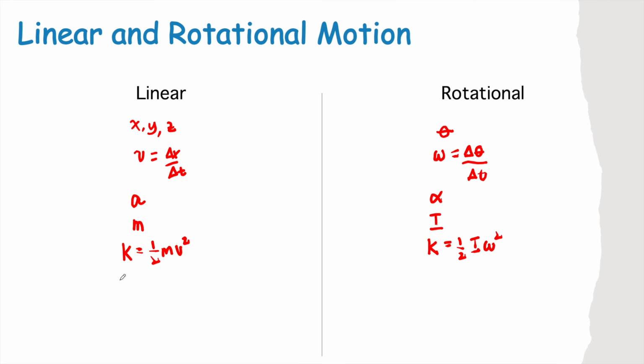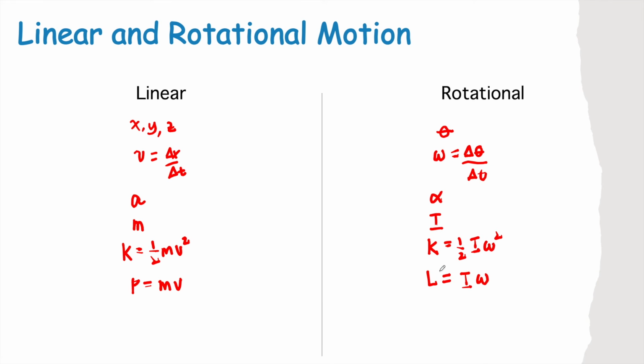Okay, for example, in the next videos, if you have momentum, which is simply equal to mass times velocity, well, in rotational motion, this is what we call angular momentum, which is simply equal to I omega, where the rotational analog for mass is I, and for v is omega.